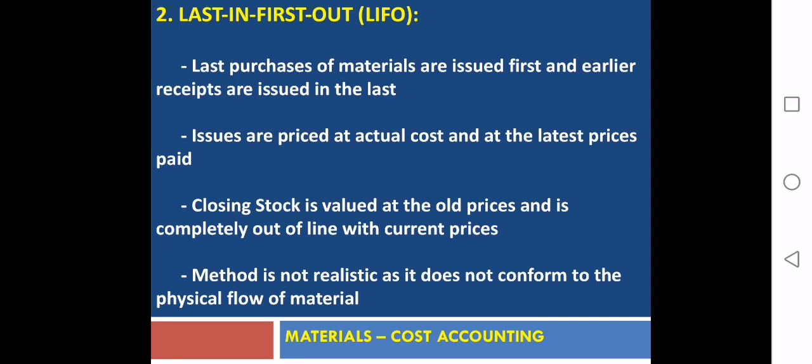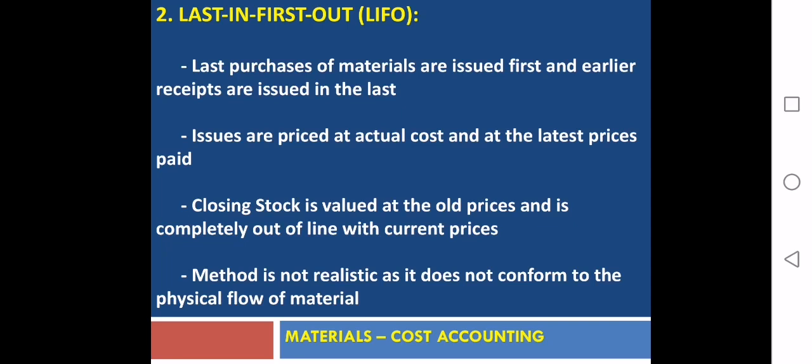The method is not realistic as it does not conform to the physical flow of material. Means on record it appears that the stock sent to the production department is what was received recently, but in practice it may not happen.